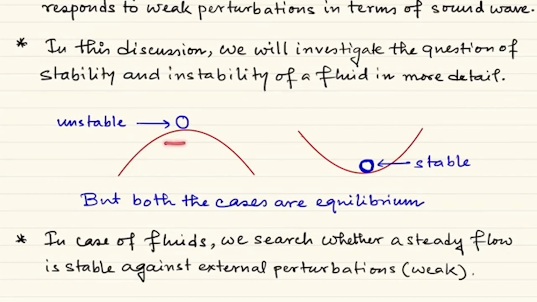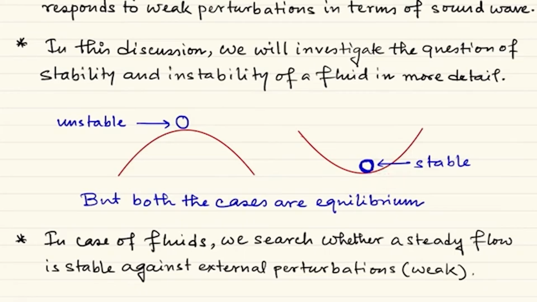Here this corresponds to an unstable equilibrium, and here this corresponds to a stable equilibrium. A weak perturbation with respect to this configuration would just lead to a linear, simple harmonic oscillation, and finally with time the particle will recover its original configuration.